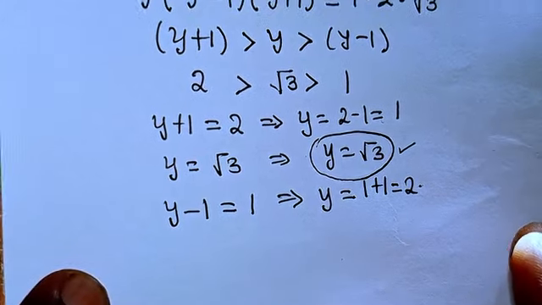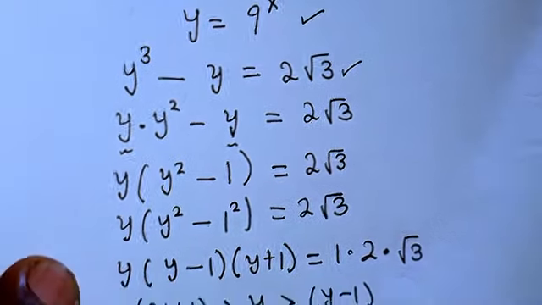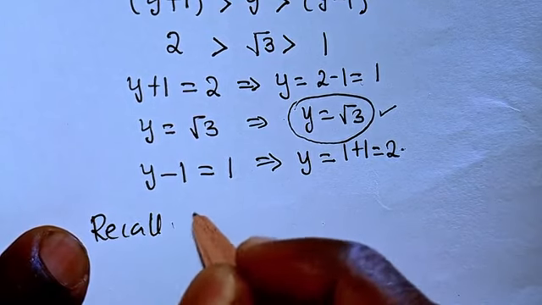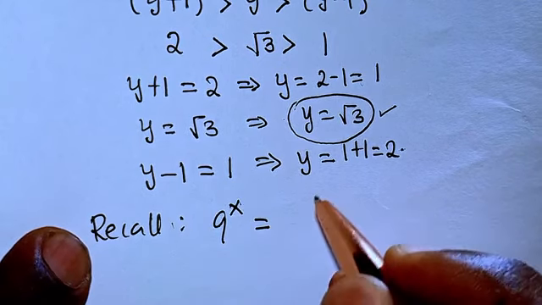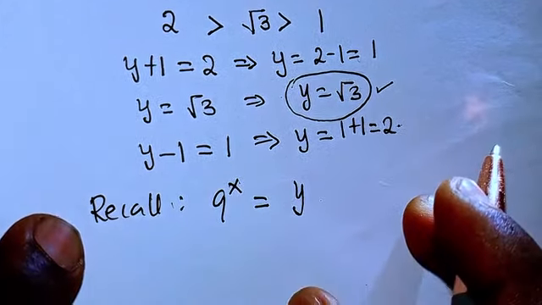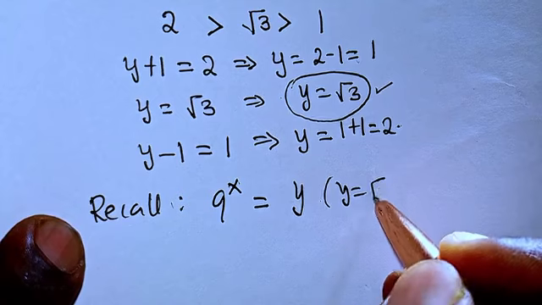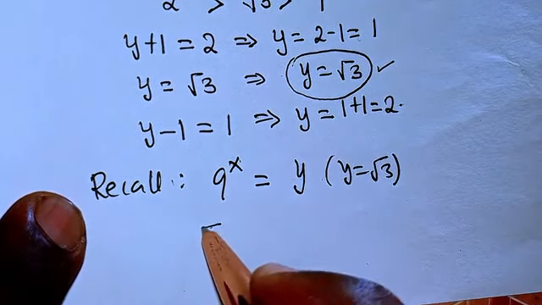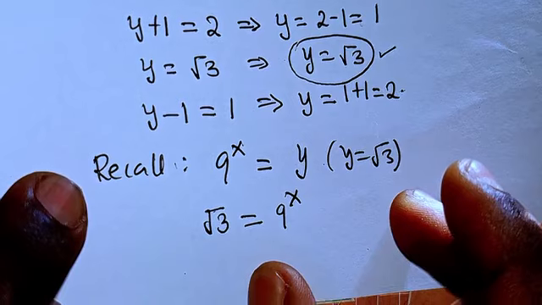Now if y is root 3, remember that we've already stated that y is 9 to the power x. So recall that 9 to the power x equals y, and when y equals root 3, we're going to have root 3 equals 9 to the power of x, right?